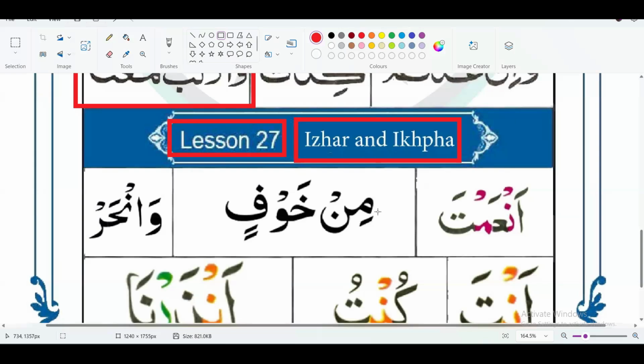And if you remember the letters of Ikhfa, you can also read easily with Gunna. Izhar means saying clearly, and there are six letters which we call throat letters. In the beginning of your qaida, I told you about these six throat letters.